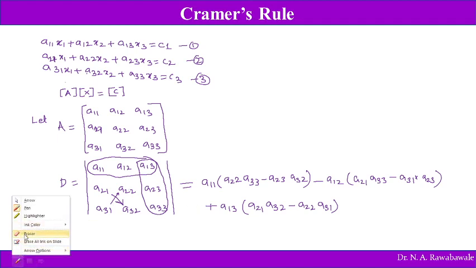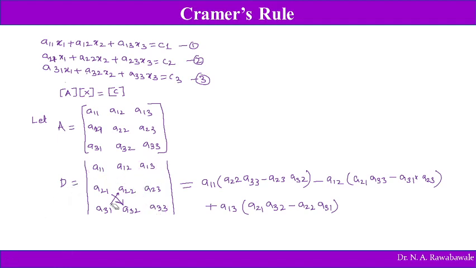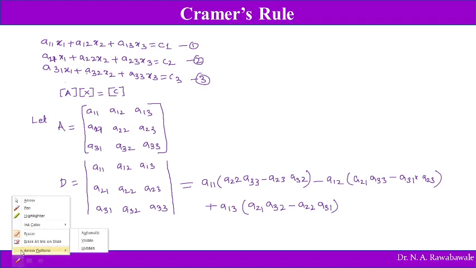This determinant is used in solving these equations. After this we find the other determinants by replacing columns of this determinant. We replace the first column, then the second column, then the third column by the constants on the right hand side of the equations.